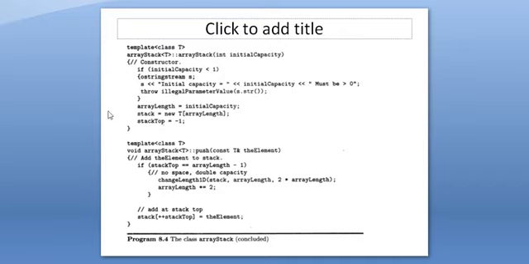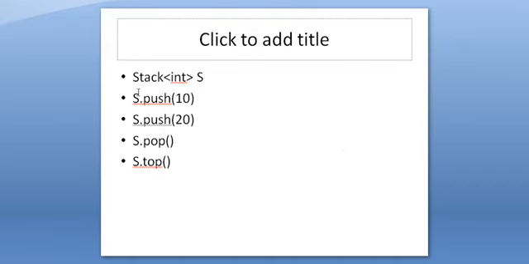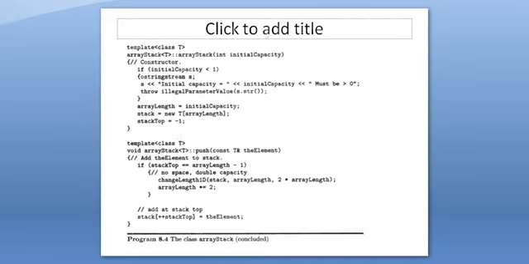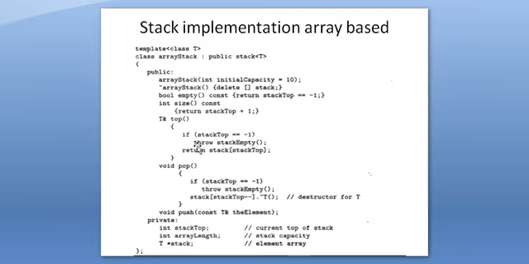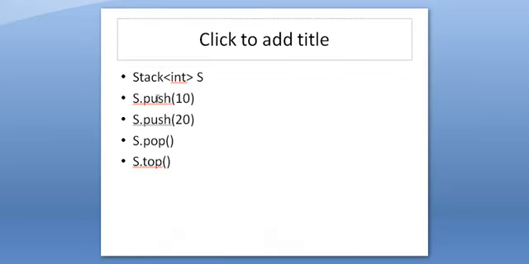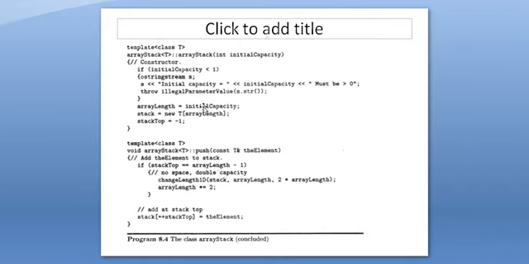Suppose I insert an instruction over here, s dot top, then you're going to get a message saying that the stack is empty, because stack top is -1. This instruction has been worked upon. Later, let's look at what happens if I use s dot push. After this instruction you have s dot push of 10. 10 has to be inserted, so you directly go to the function push.